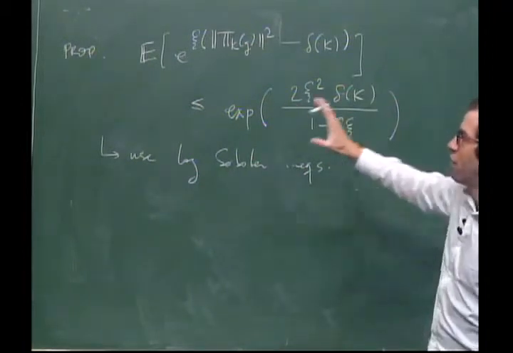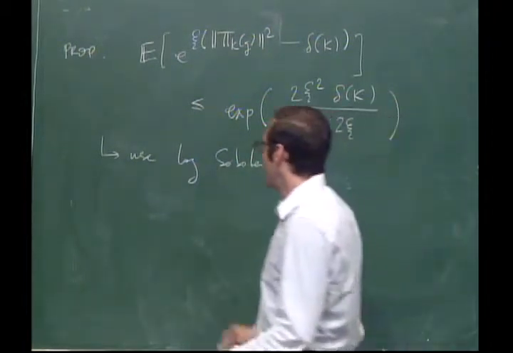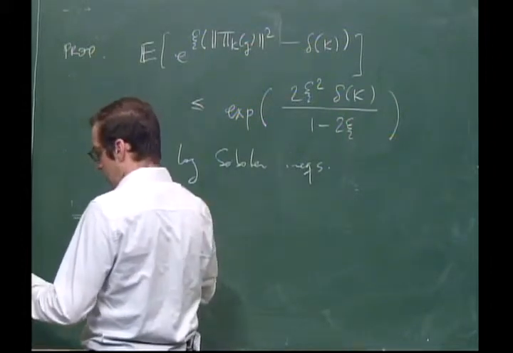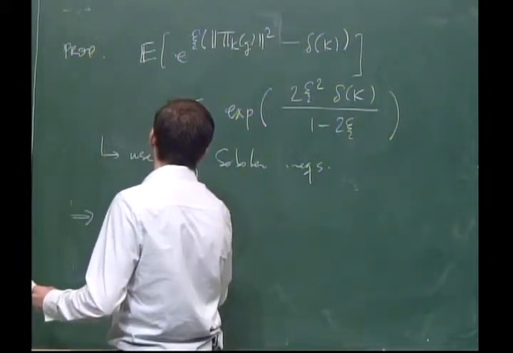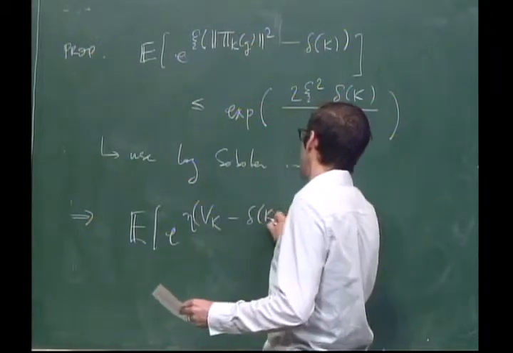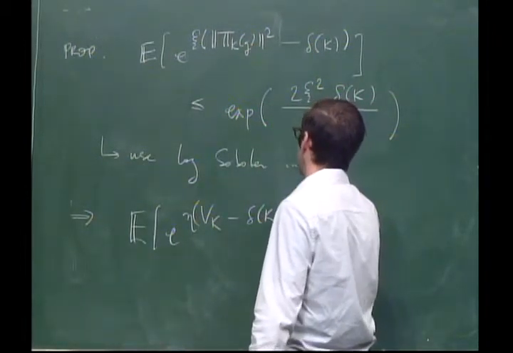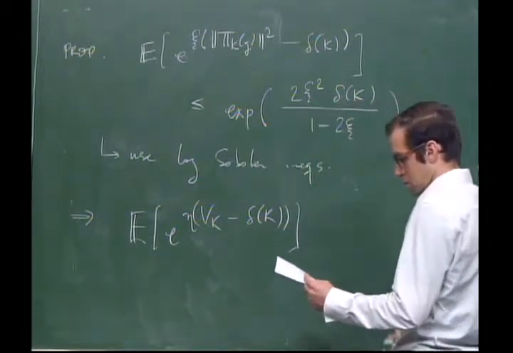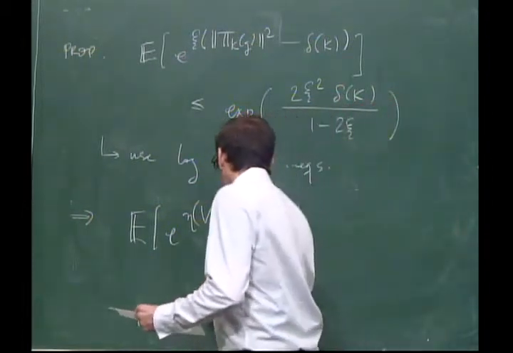Okay, now once you have this and that, it follows that the moment generating function of the intrinsic volume random variable minus its mean satisfies a beautiful inequality.